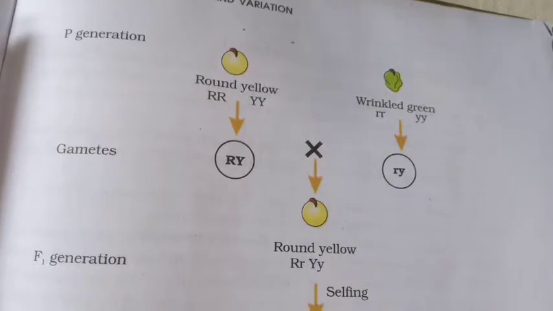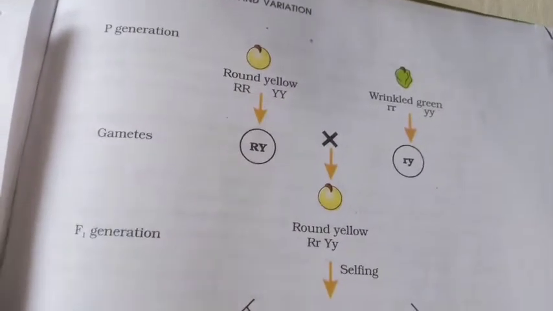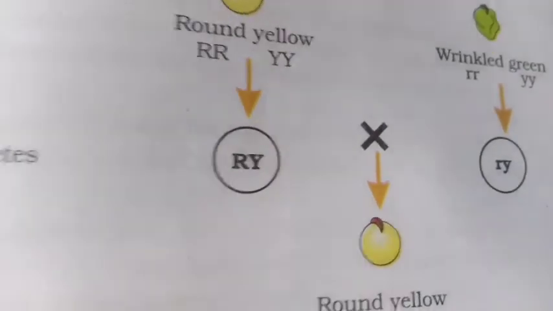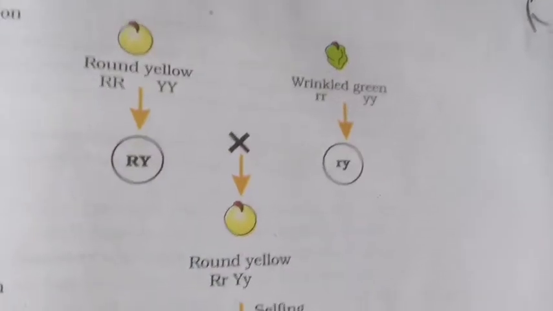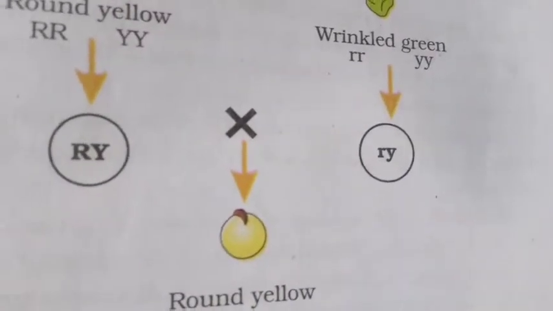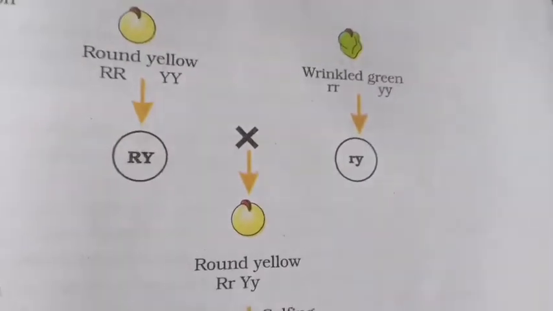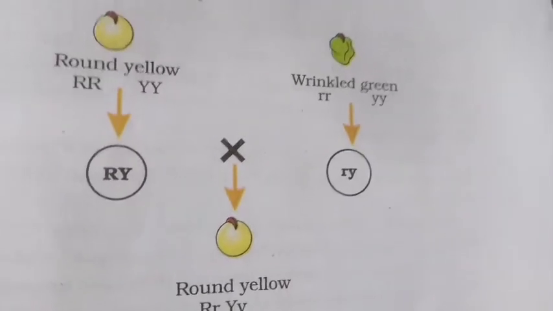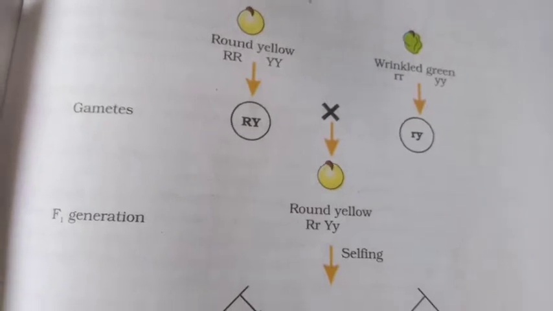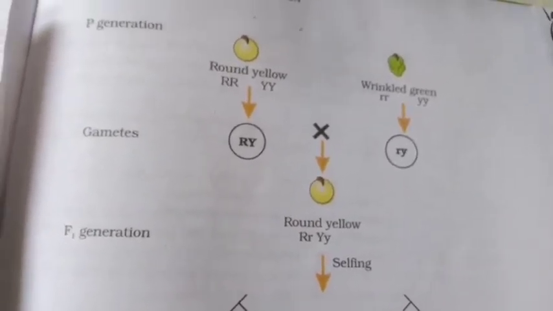Only one factor is transmitted to the gametes, and here it is represented by capital R and capital Y for the round yellow, and by small r and small y for the wrinkled green, indicating the wrinkled seed shape and the green color of the seed. And in the F1 generation, as you may know, only the dominant character is expressed.